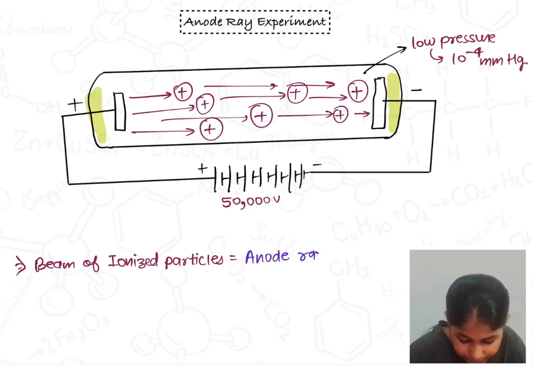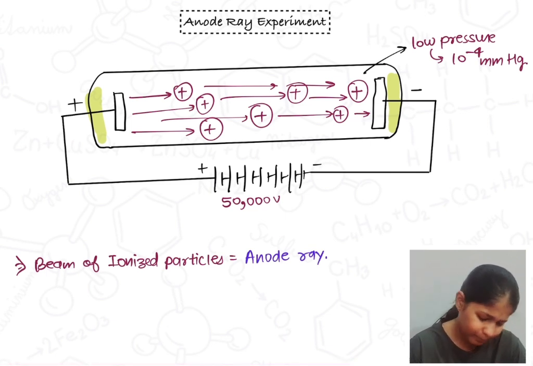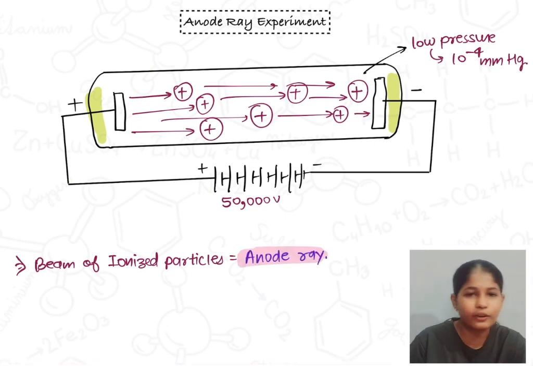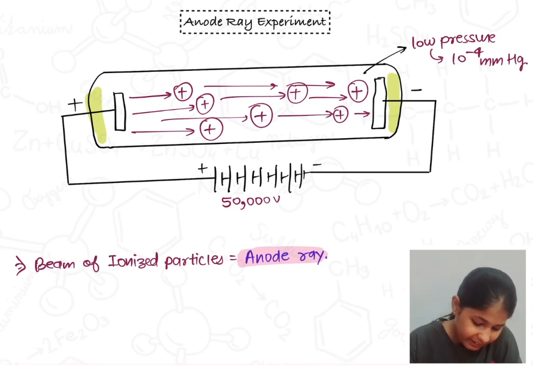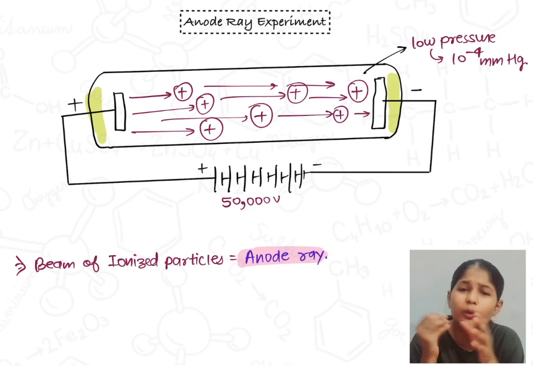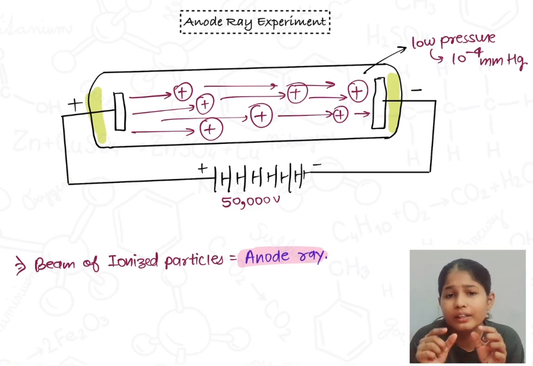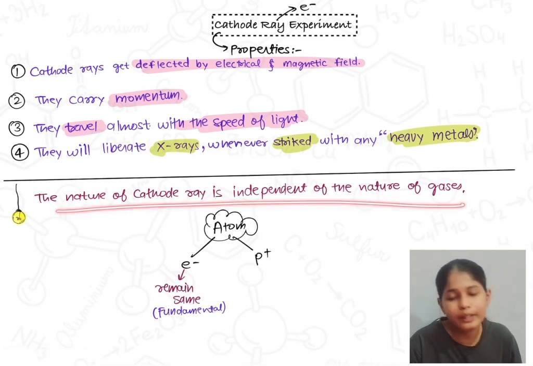Now, can you tell me why the name is given anode ray? Why? Because it is arising from the anode, means positive electrode. Now, this was about our setup of the anode ray experiment, because as we have completed the cathode ray experiment, almost everything is the same, but in the last, as you can see, our last property is independent.